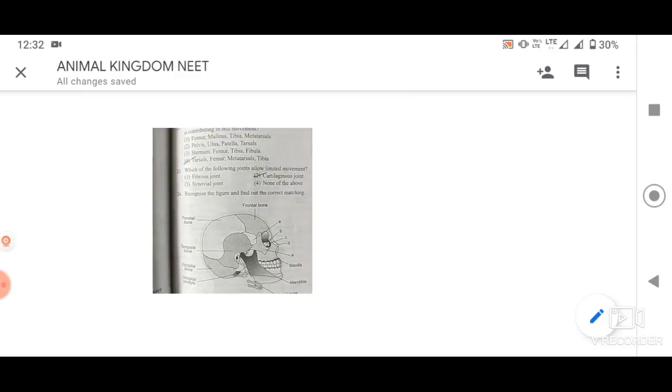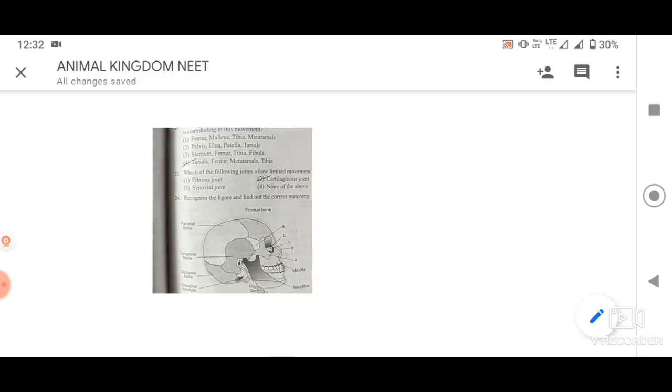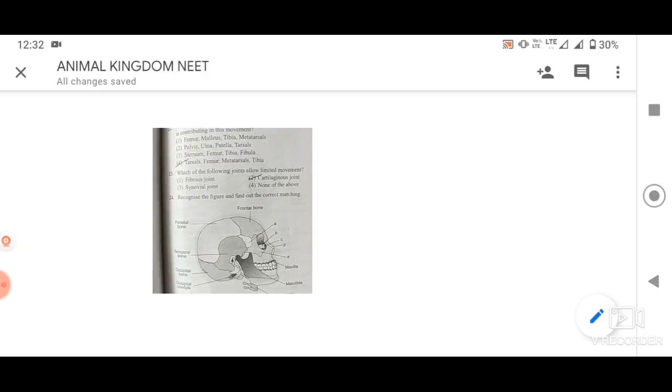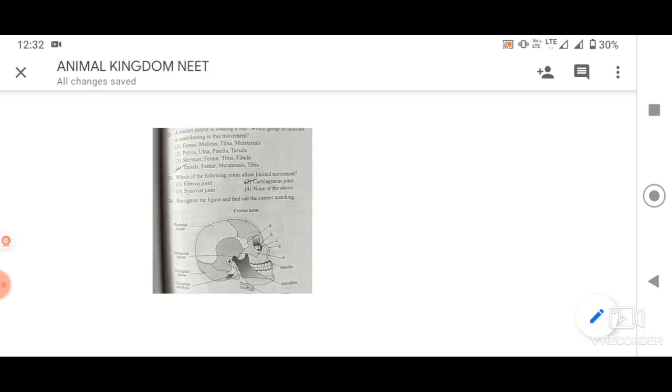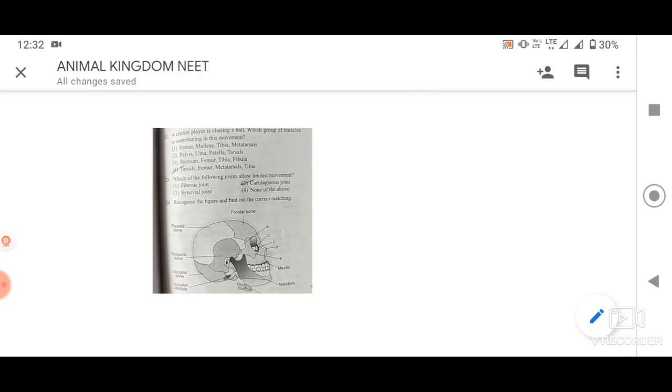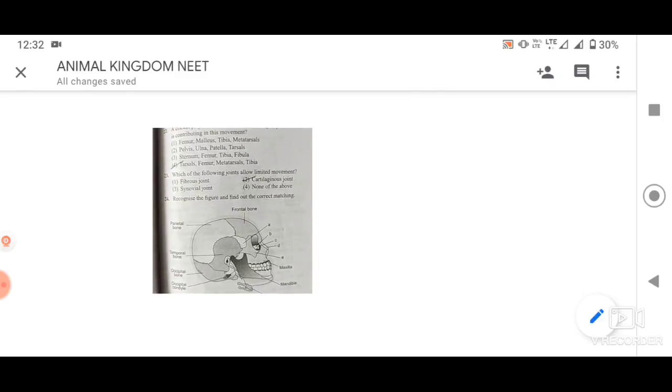Cranium bones are around 8, that is the bones of brain box, and facial bones are 14. So totally 22 bones are present. Among the given options, they have given few facial bones, maxilla, the upper jaw and mandible, the lower jaw, in the picture.